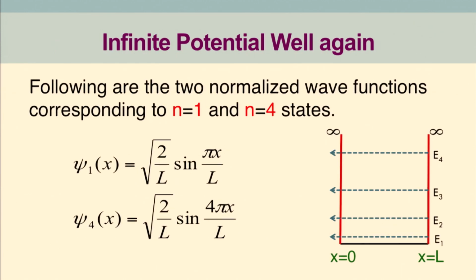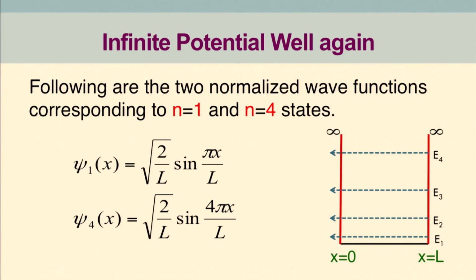All right. So infinite potential well, again, let us look at a very simple example of superposition of waves. Suppose I have a particle in this potential well which I have not measured, and it actually exists as a superposition of two waves, psi 1, the ground state, and psi 4, which is the third excited state.